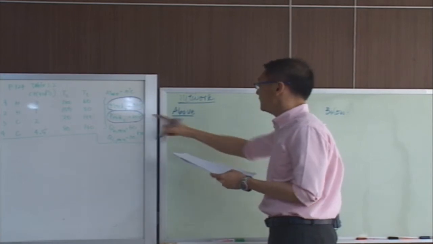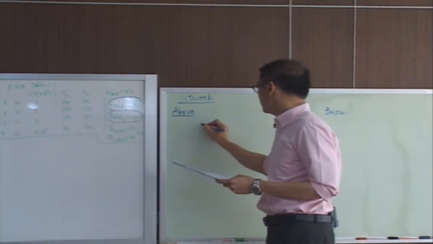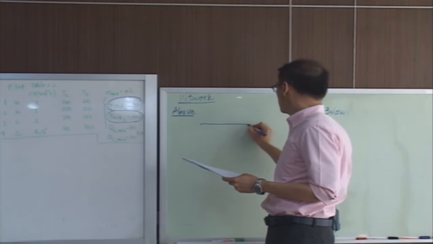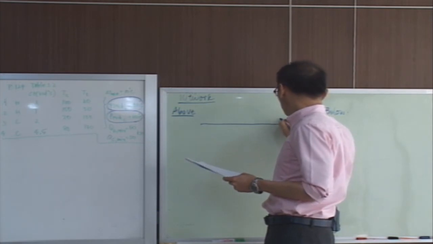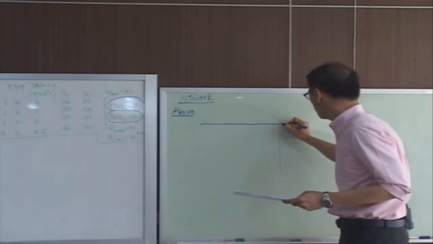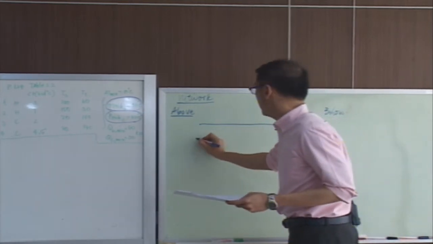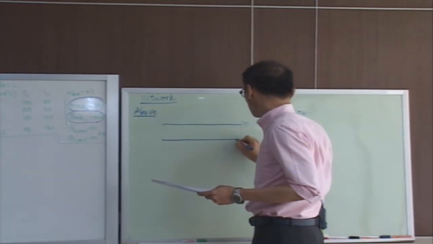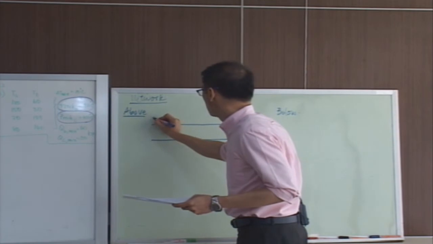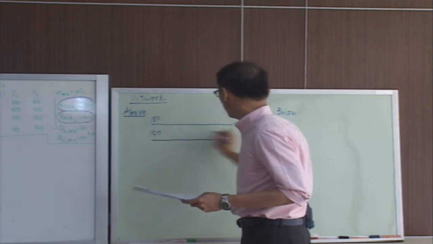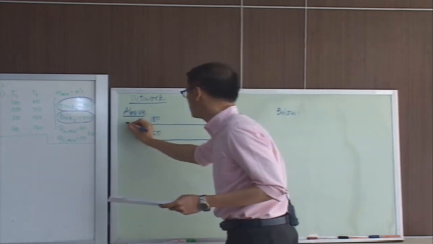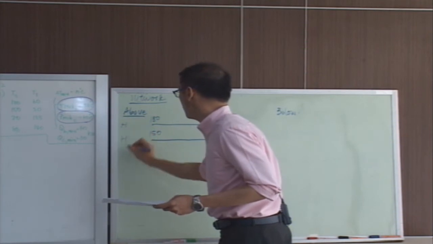So what we have is 180 degrees Celsius going to 90 here. This is at the pinch point. And 150 going to 90 degrees Celsius. This is the hot pinch, hot stream and hot stream.